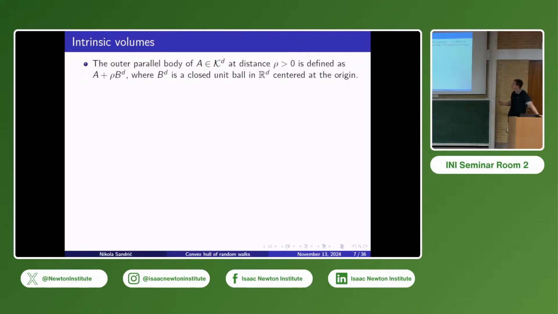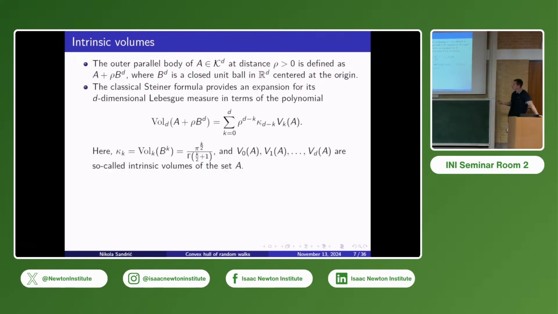Then we define the outer parallel body of A at distance rho as this set here. BD is nothing else than the closed unit ball centered at the origin. So what we did here is we just take the closed rho neighborhood around A. And then we are interested in the volume of this set, which is the d-dimensional Lebesgue measure.